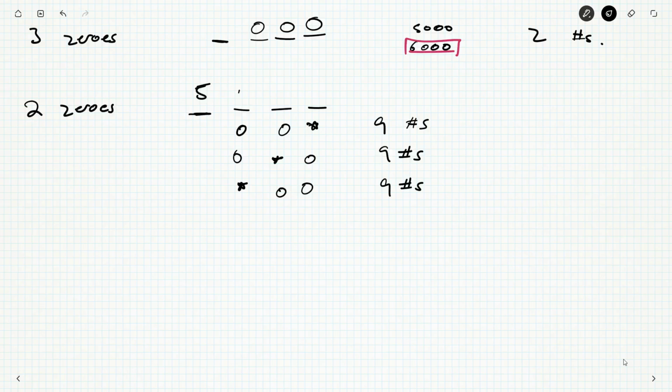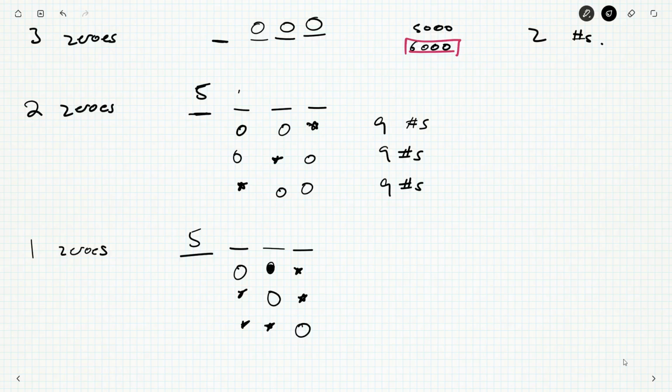What if we just had 1 zero? I'm going to write 1 zero just to be consistent. Well, again, we have to start with a 5. And we're going to make the rest of our 3 digits. But where does the 0 go? Well, it could go here, here, or here. And then we can have more numbers. They can't be zeros, because that would be covered by our previous cases. So how many digits could we have here? Well, we could have 9.